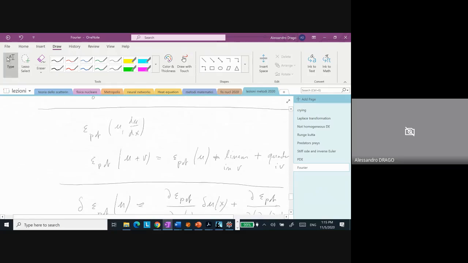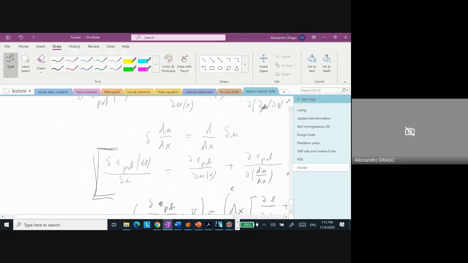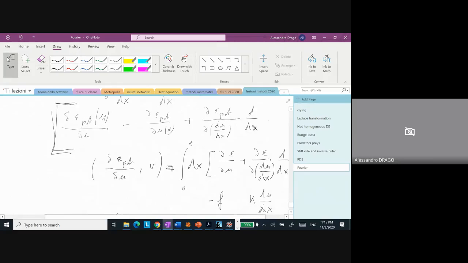You recall that if you take the derivative of a potential energy, let's suppose that you are in one particle dynamics, you have a potential energy and you take minus the derivative of the potential energy with respect to x, and what you're getting is a force. Okay, and after, if you multiply your force by a displacement, you get a work.